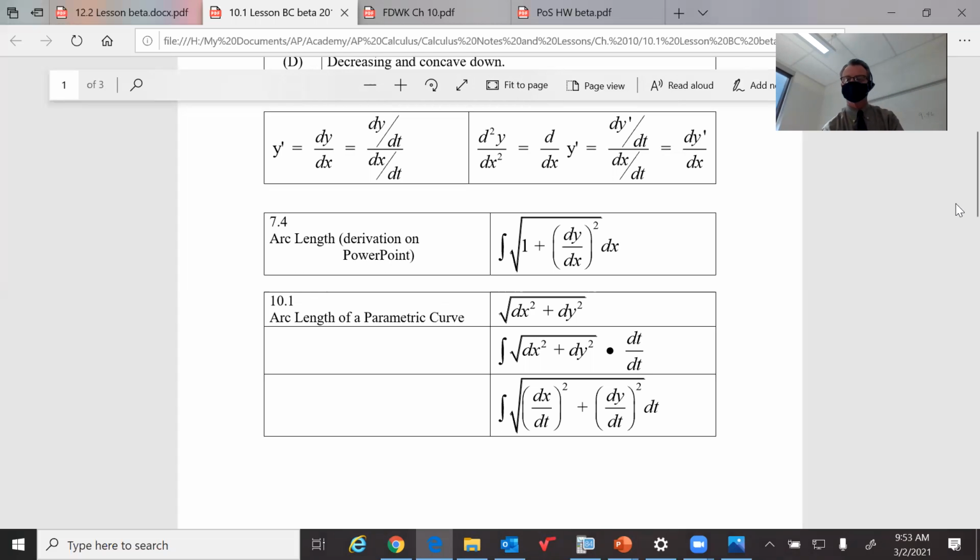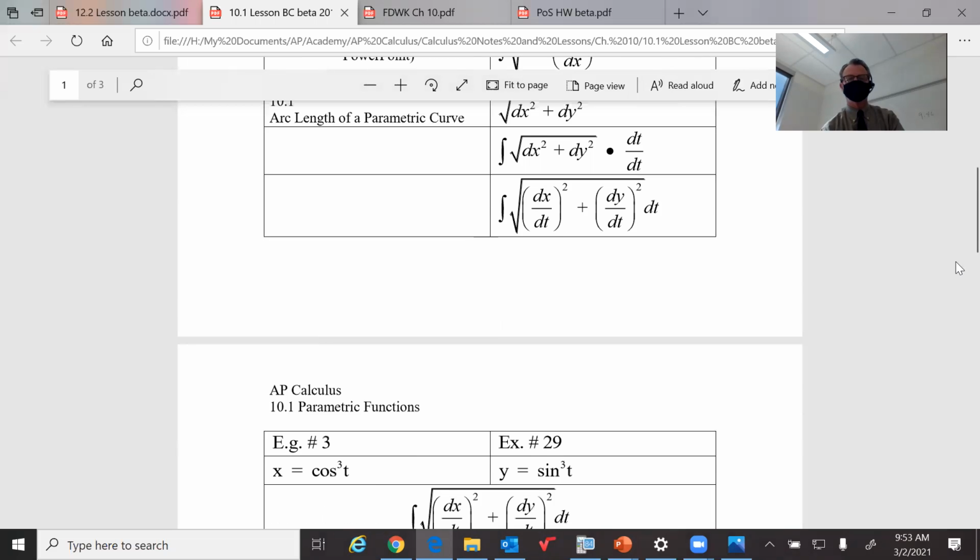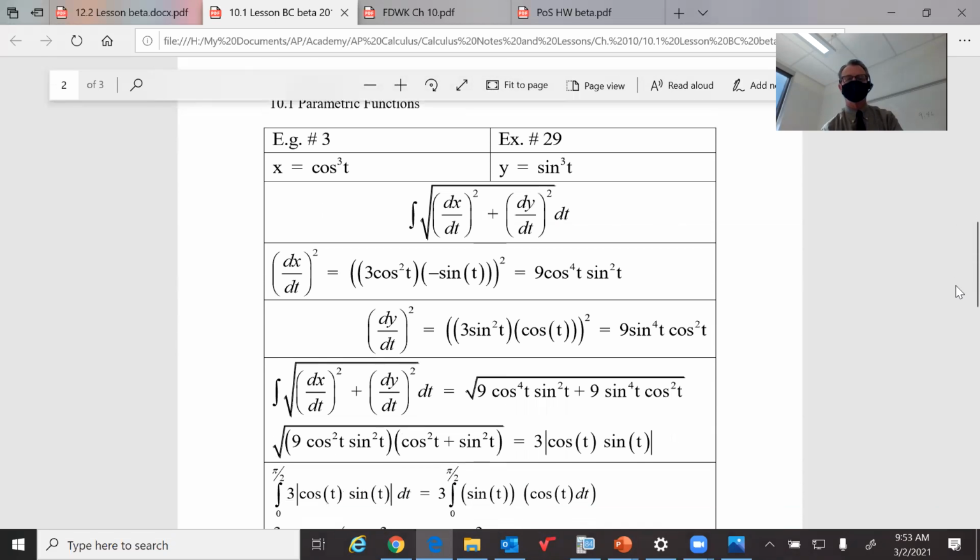Contrast them. So we get down here to example 3. We want the length of this curve from 0 to pi over 2. So we have cosine cubed t and sine cubed t.